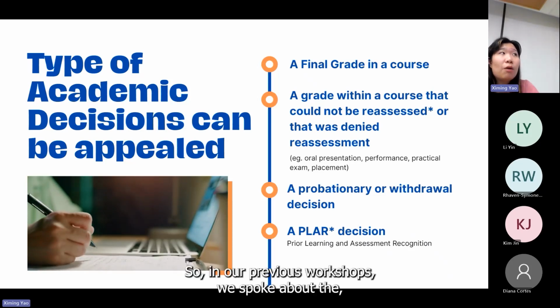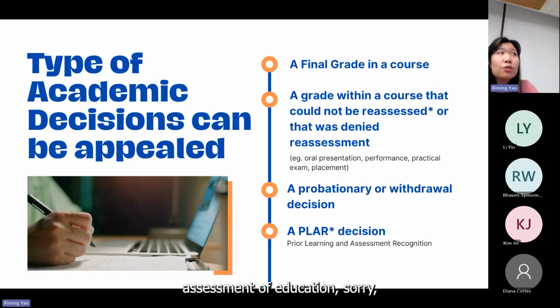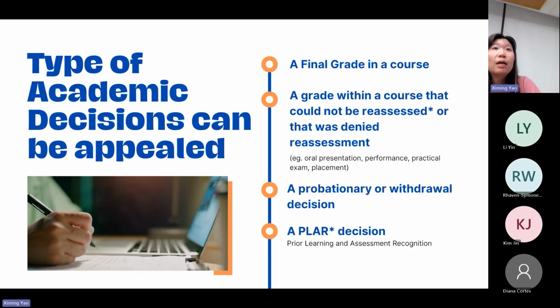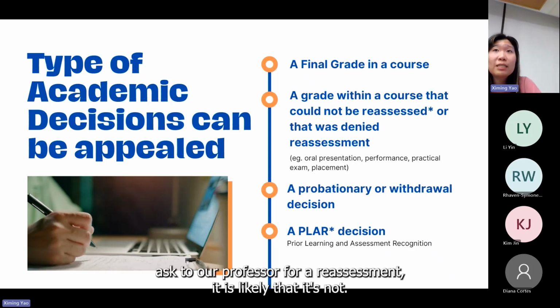In our previous workshops, we spoke about the assessment of learning policy. When you have a different opinion about your academic decision, you can ask your professor for a reassessment.